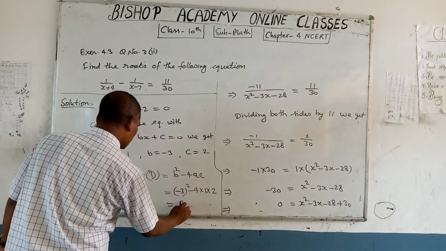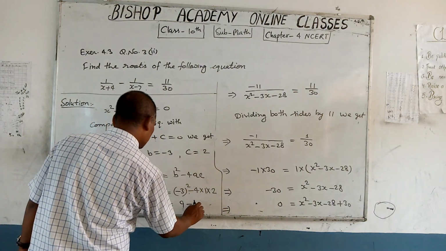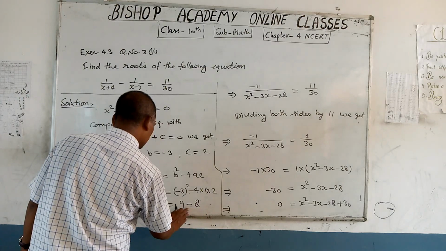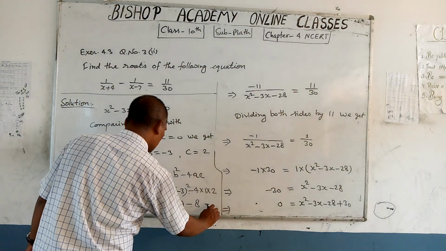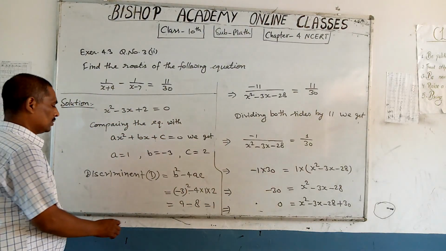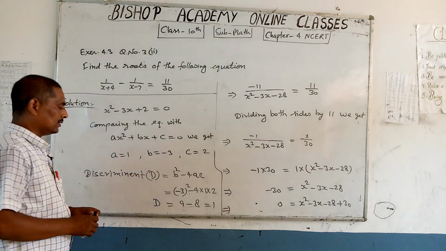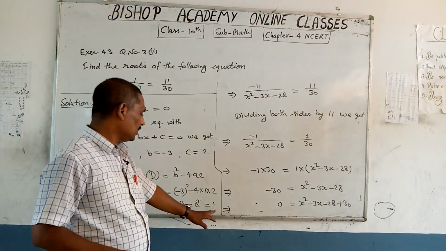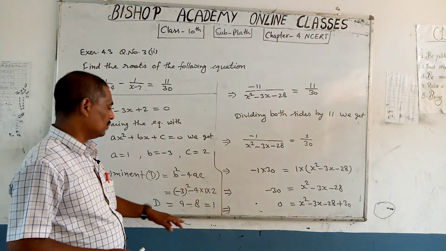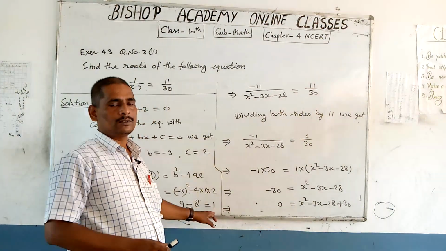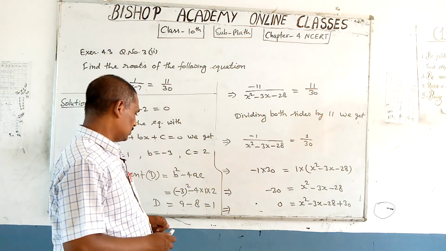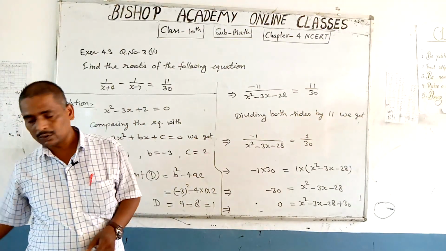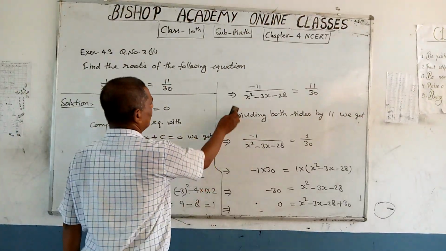So here you get 9 minus 8. It is equal to 1. So you got discriminant is equal to 1. This value of discriminant is 1, which is greater than 0. So there will be real roots for the given equation.